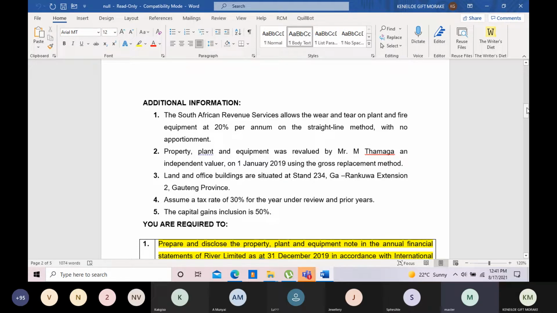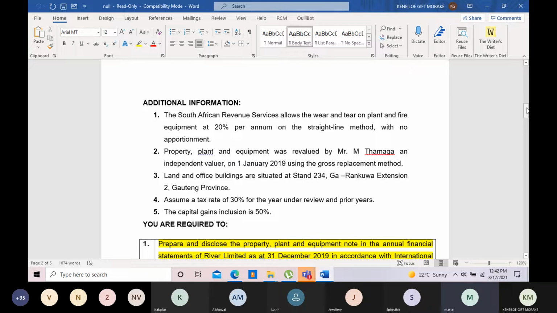That means we're going to be applying 30% for prior year amounts, even for the current year amounts. Right. So number 5, the capital gain inclusion is 50%.